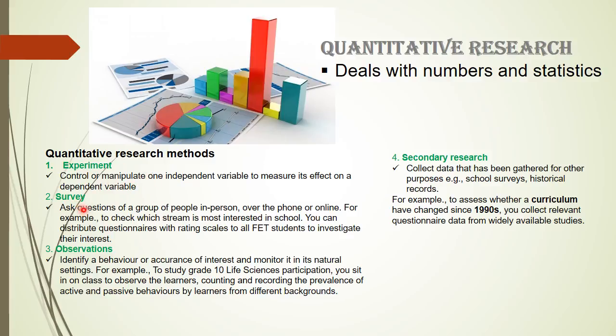In a survey, you ask questions of a group, in person, over the phone, or online. For example, to check which stream is of most interest in school, you can distribute questionnaires with rating scales to all FET students to investigate their interest.